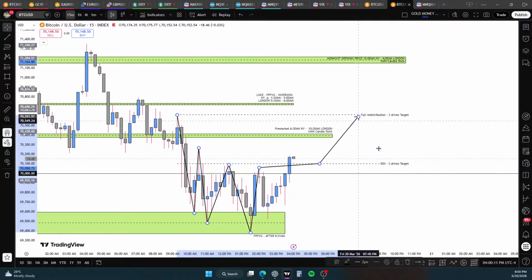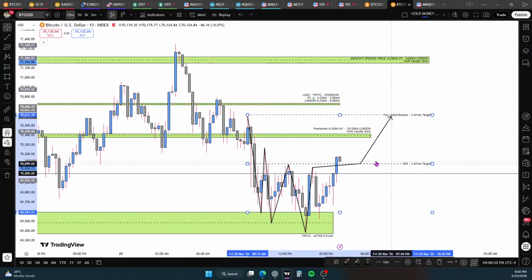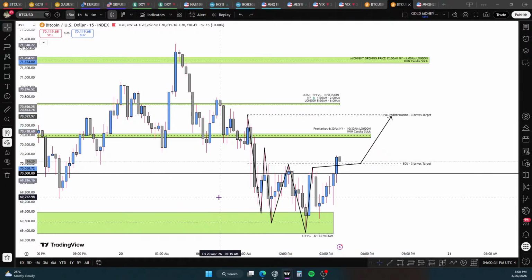I just want to make sure this is very clear. So we have 1, 2, 3 drives lower. Okay, we're looking for 50% of the initial part of the move to the first drive.